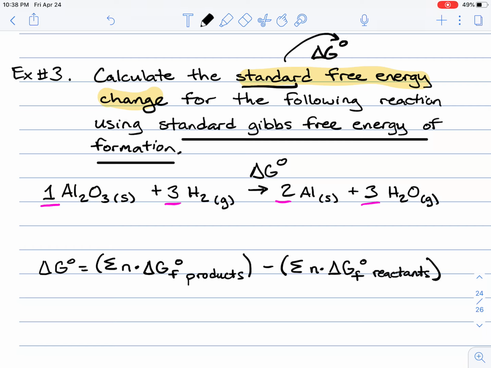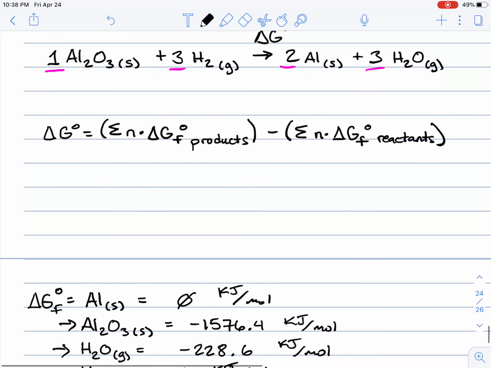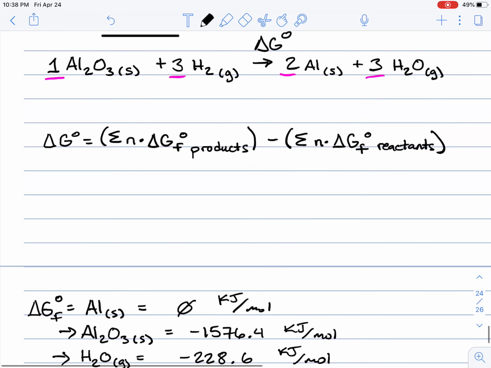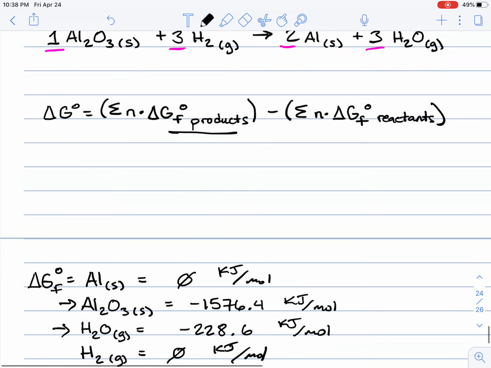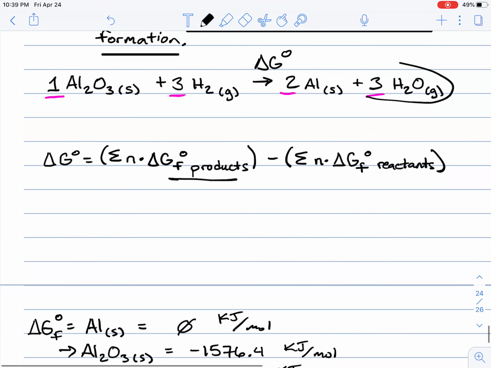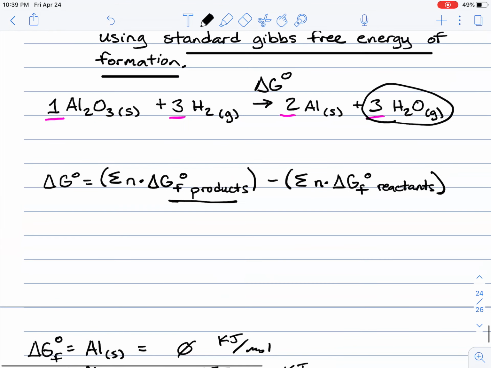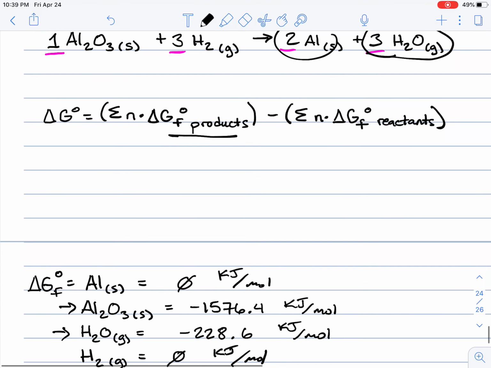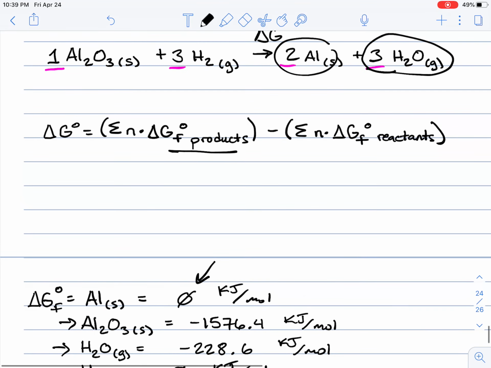And so if we have this equation to fall upon, the only products that would make an actual difference in value would be that of water. Right? So if you look at aluminum, aluminum has 0 value. So 0 times 2 is going to be 0.